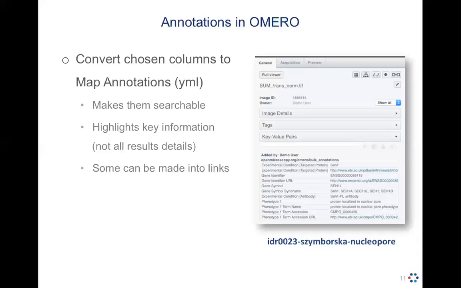There's a configuration file written in YAML which selects a number of columns and possibly maps them. So if your column names in your CSV are perhaps a bit cryptic, you can give them nice or more user-friendly names.